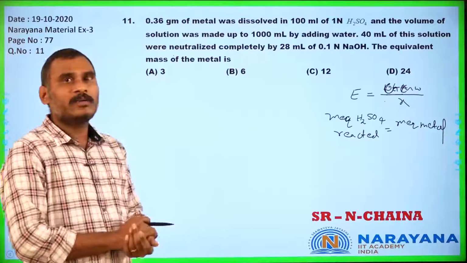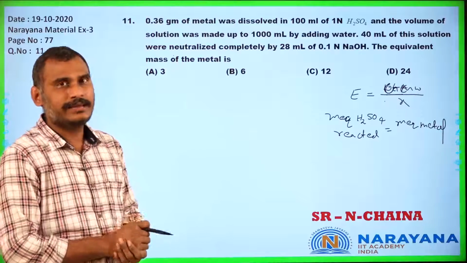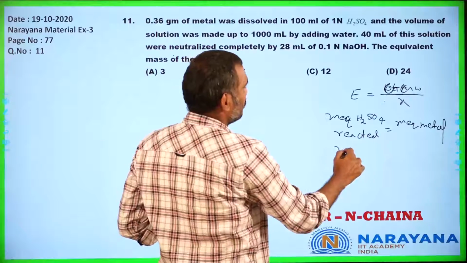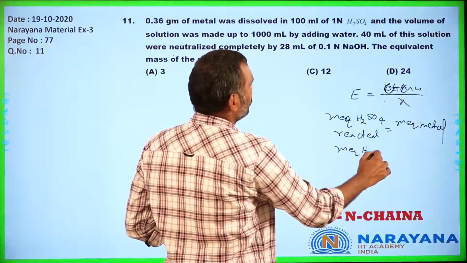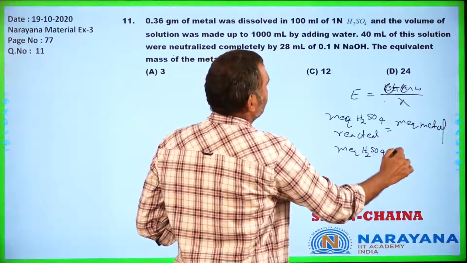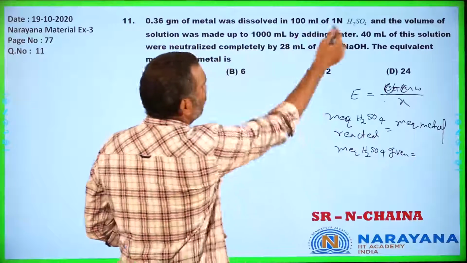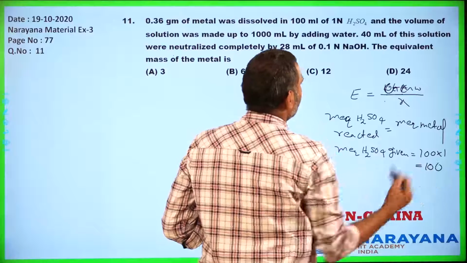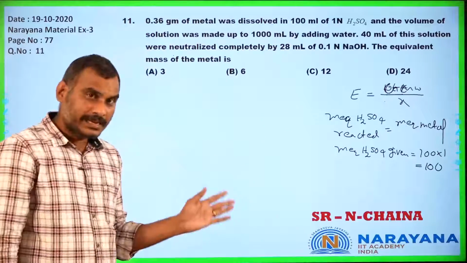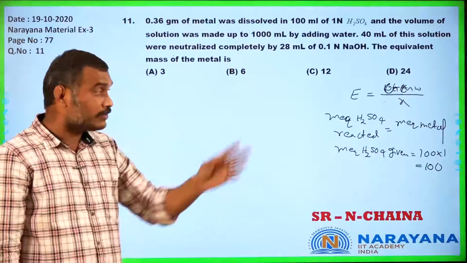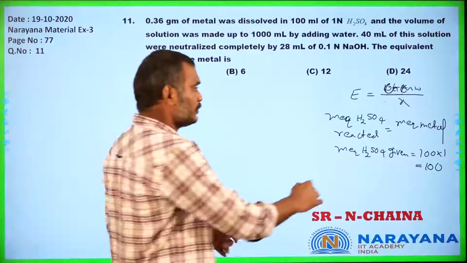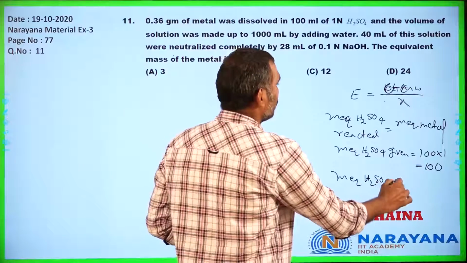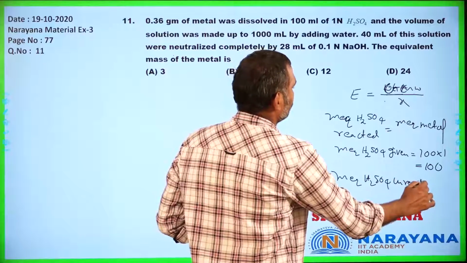First of all, I want to calculate the milli equivalence of H2SO4 given. Milli equivalence of H2SO4 given is equal to 100 into 1, which is equal to 100 milli equivalence. Now my question: milli equivalence of H2SO4 unreacted.